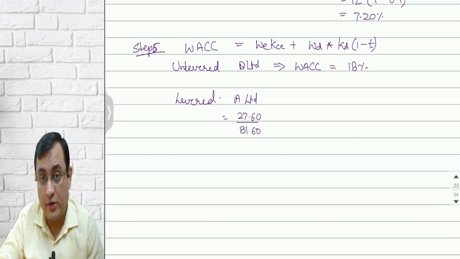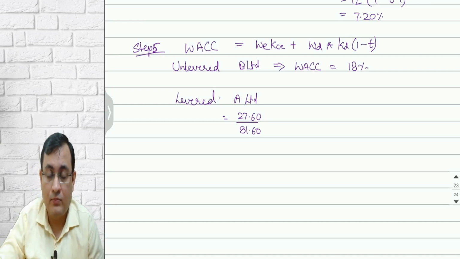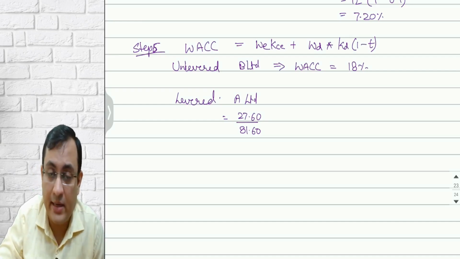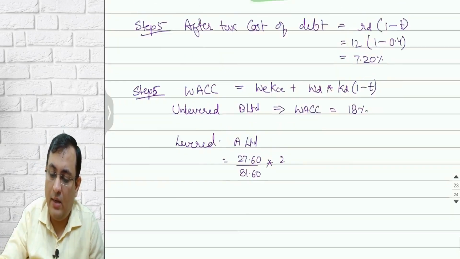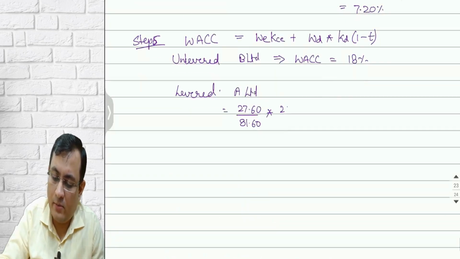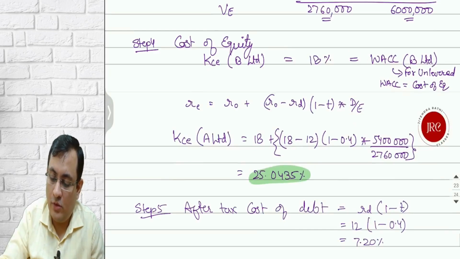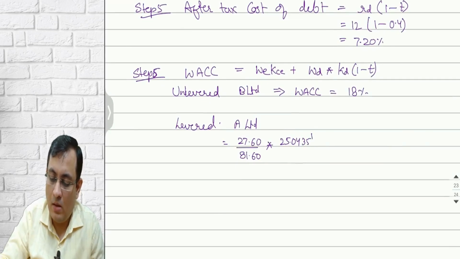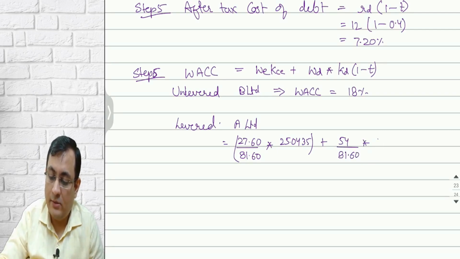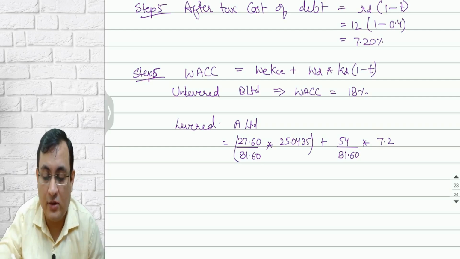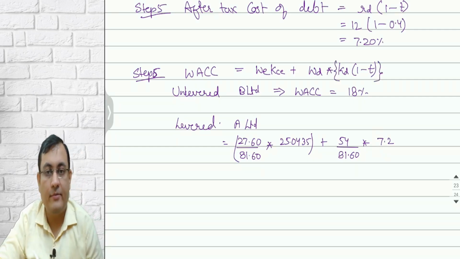Total value, the weight is over the overall firm value, and the overall firm value is not 60 lakh, it is increasing, multiplied by cost of equity, which is 25.0435, plus weight of debt, which is 54 lakhs over 81.60 multiplied by cost of debt 7.2, the after-tax cost of debt, which we have already calculated.